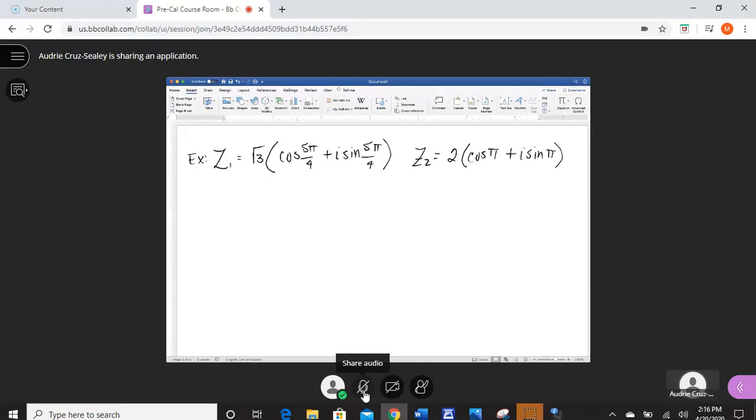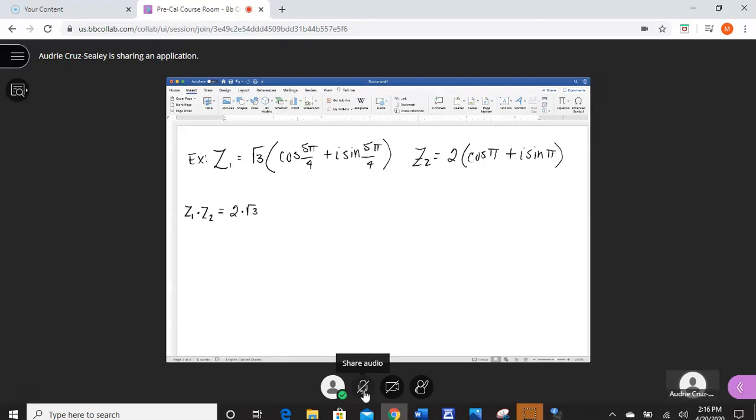Okay, so I'm gonna explain a couple of things on this one example. So the first thing that we're gonna do is we're gonna do z1 times z2. So I'm gonna multiply these two numbers together. If you do that, you have to multiply the R values together. Is that okay?